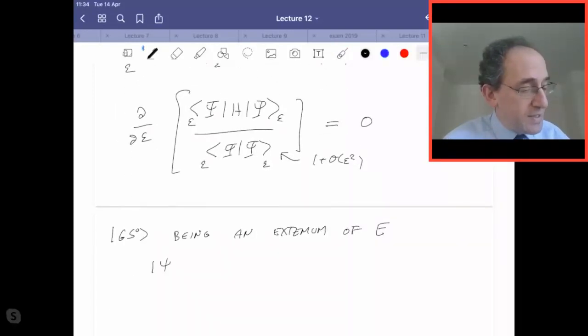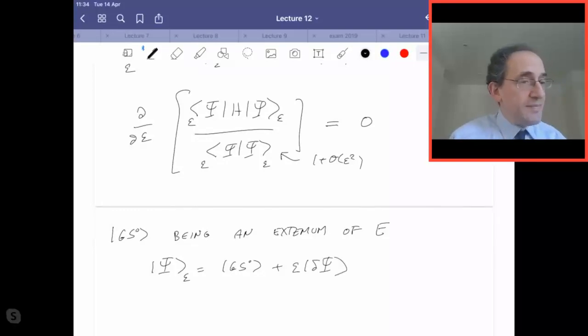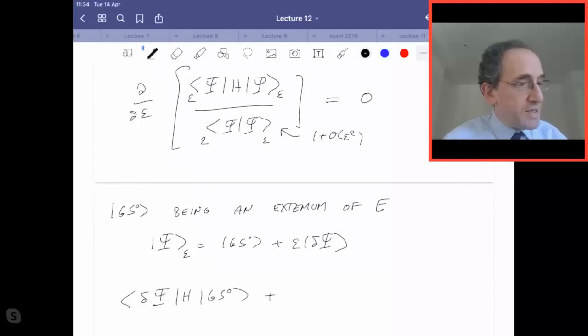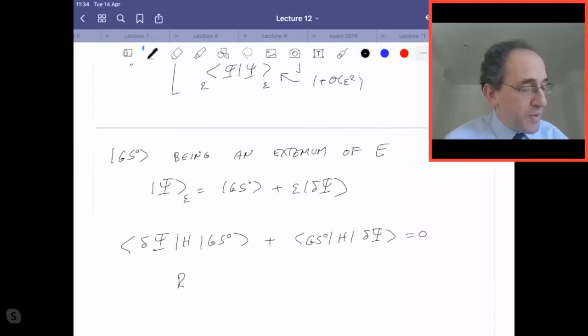So recalling that psi epsilon is ground state 0 plus epsilon delta psi, we thus have the following condition: taking the derivative here gives me delta psi Hamiltonian ground state 0 plus ground state 0 Hamiltonian delta psi should equal 0, or I could rewrite that as the real part of ground state 0 Hamiltonian delta psi equals 0. Okay.